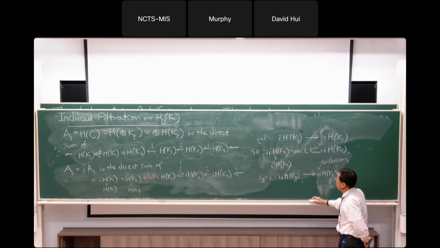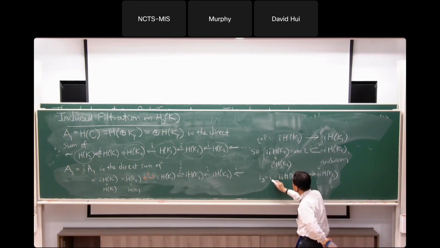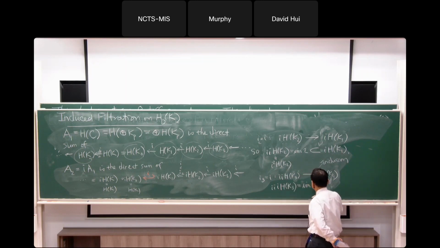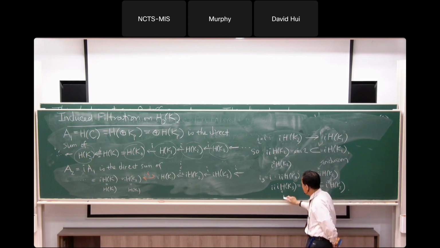You see that I H K3, the image of I3, should be contained in I2 H K2, and this is I3 H K3.